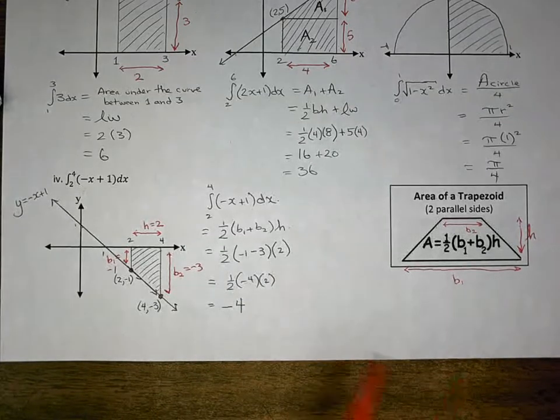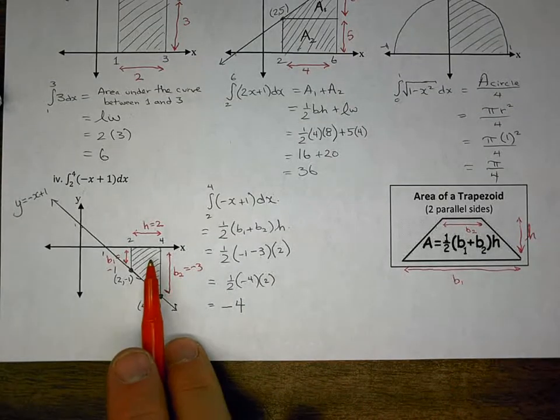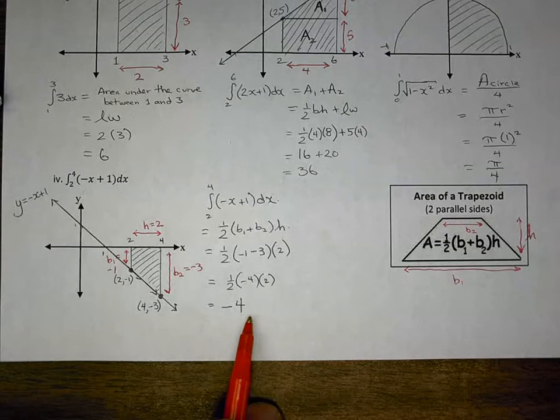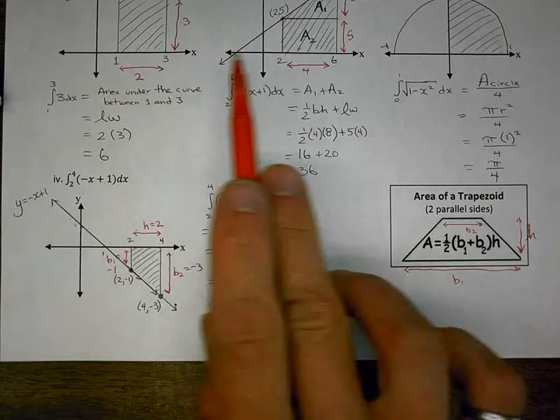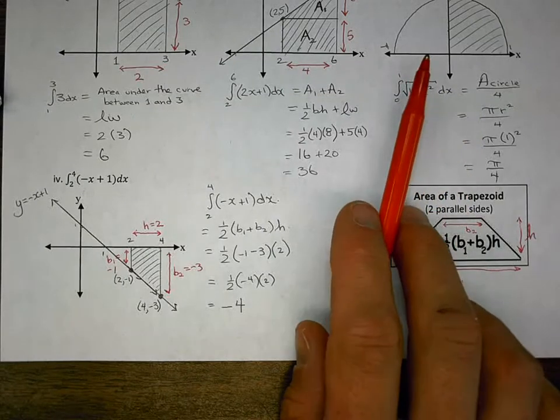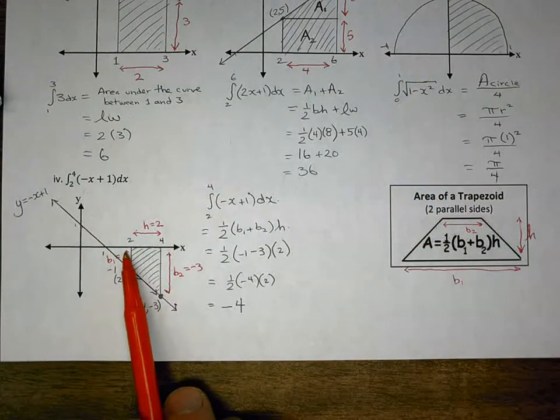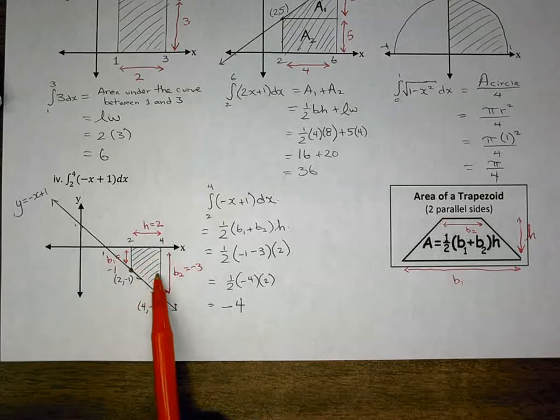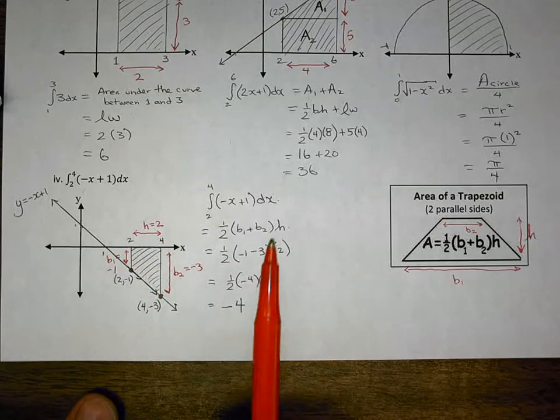The reason I like to include this example is it shows you that negative area is possible. What does negative area mean? Well, in the previous questions, the area was positive because the area was above the x-axis. In this example, the area is below the x-axis, which means it's a negative area.